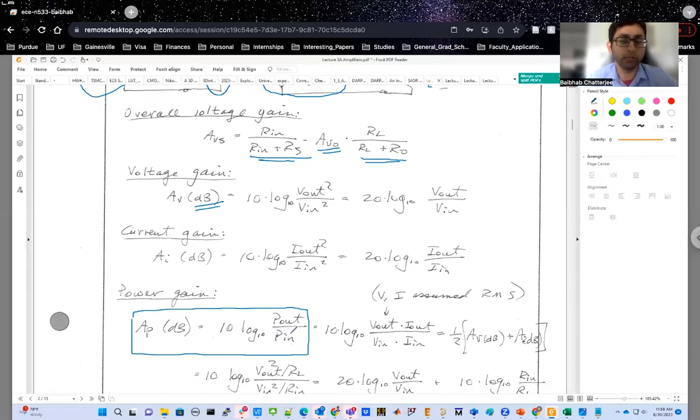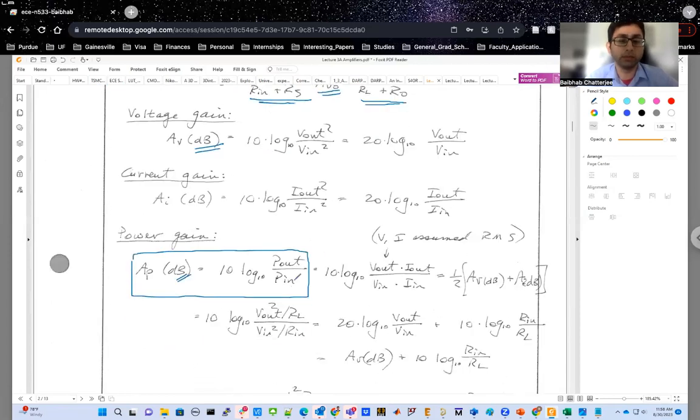So the output power divided by input power, that ratio, when you take a logarithm of that, that is the unit called bel. Now, decibel is basically 10 times what you represent with the bel unit. So that's why you multiply that with 10 and you get this 10 log 10 of P out over P in. That's your ideal definition of the decibel scale.